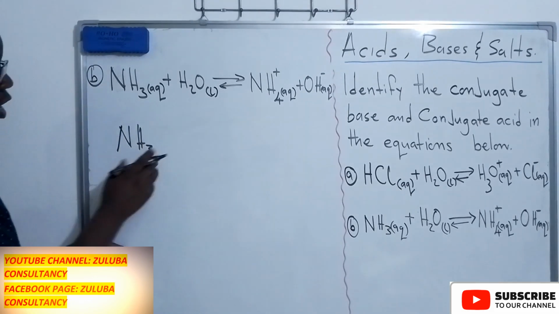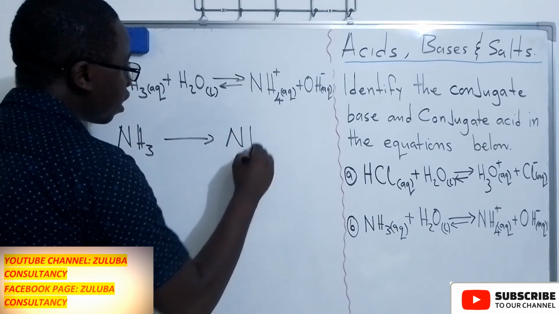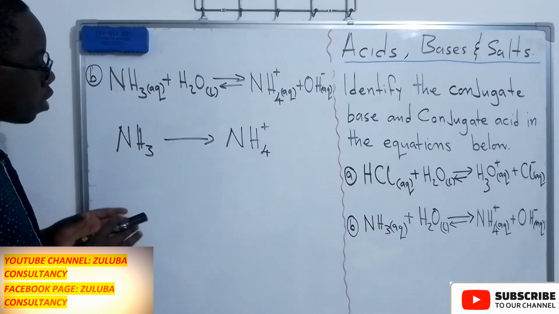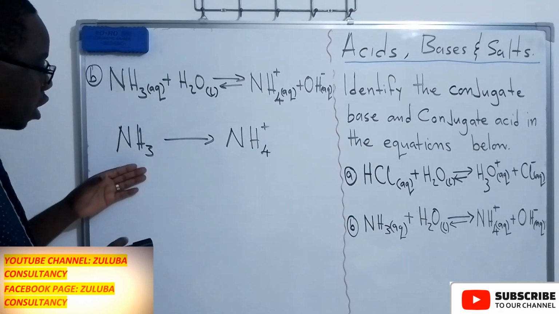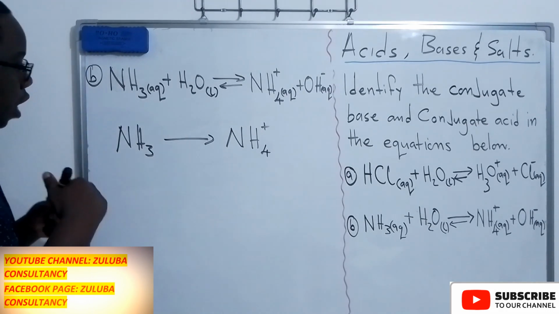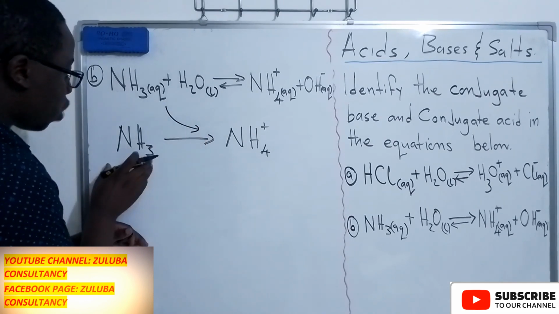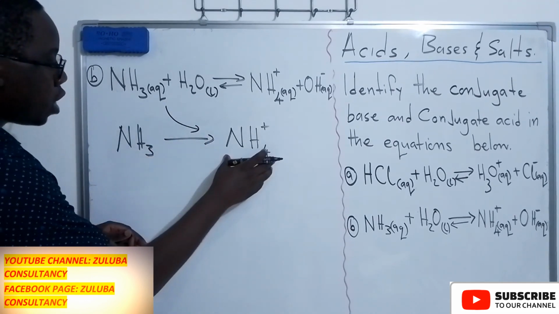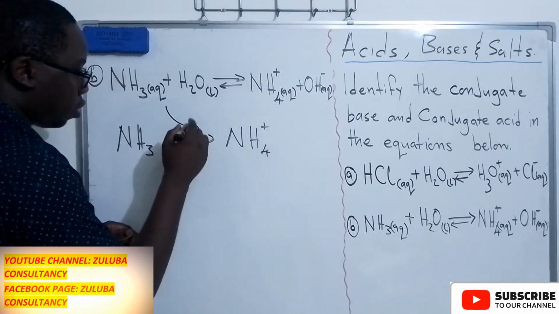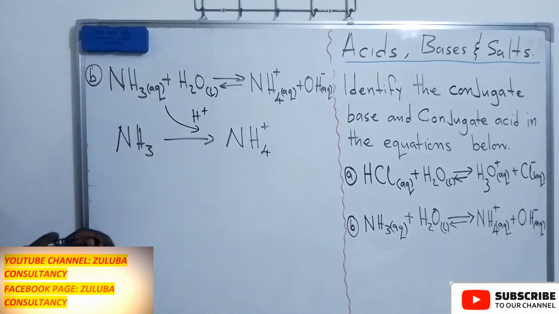Now, we can link NH3 easily to NH4 positive. When you look at these two, NH3 and NH4 positive, you can notice that a proton was donated to NH3 for it to become NH4 positive. So a proton was donated.